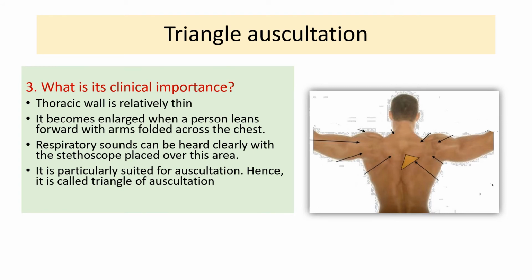Now, what is the clinical importance of triangle of auscultation? That is the third question. So, if you look at the triangle of auscultation after learning about the boundaries of it, the thoracic wall in this area is relatively thin, and this triangle becomes enlarged if the person leans forwards with the arms folded across the chest.